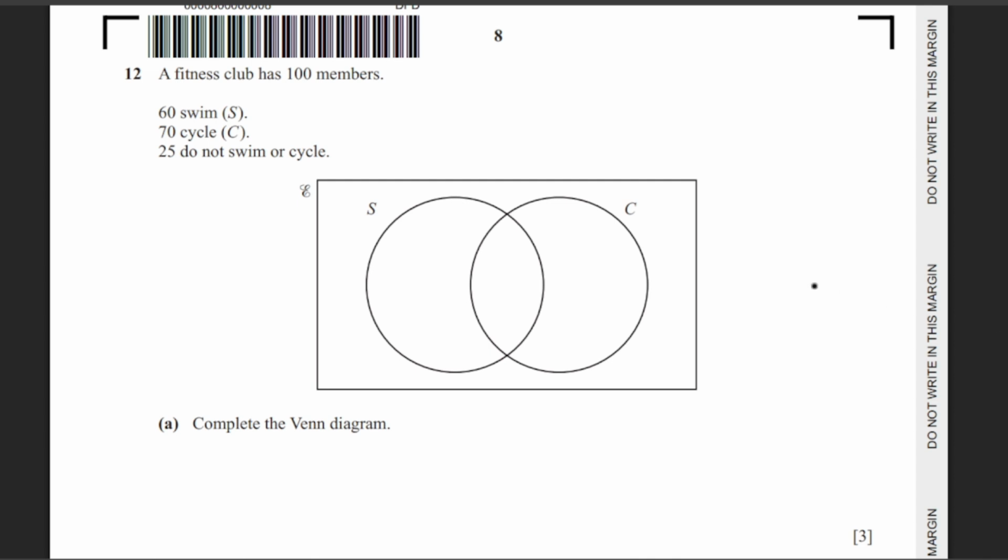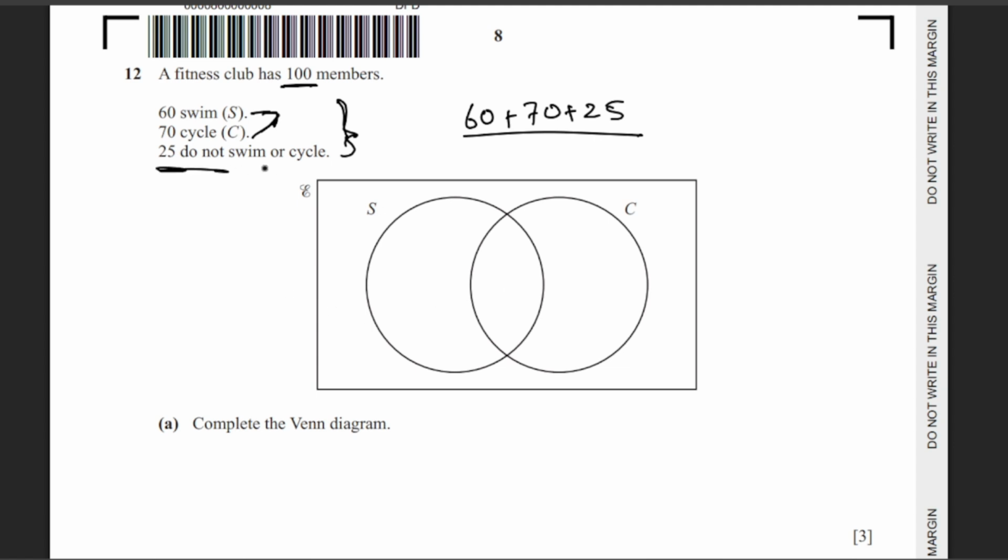So now we know that the total members are 100. But if you sum this up, you'll see that this is not equal to 100. 60 plus 70 plus 25 does not equal 100. So that means between the 60 who swim and 70 who cycle, there are some who do both, and we need to find out what that number is exactly.